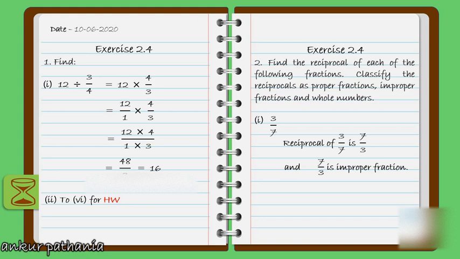Similarly, we can find out whether the fraction is proper. In that case, the numerator will be less than the denominator, and in improper fractions, the numerator will be more than the denominator, which is the present case, and it is a whole number when we get a number with denominator 1. The remaining sums are for your practice.